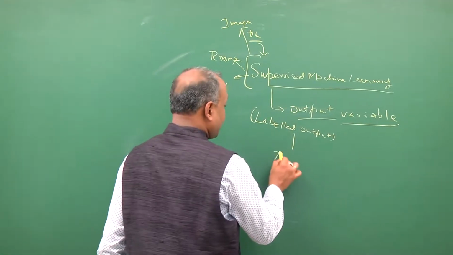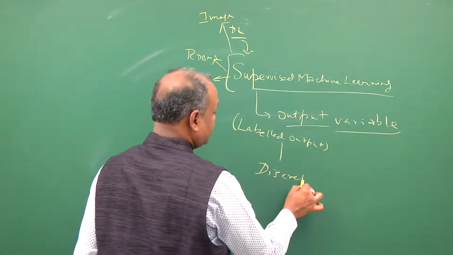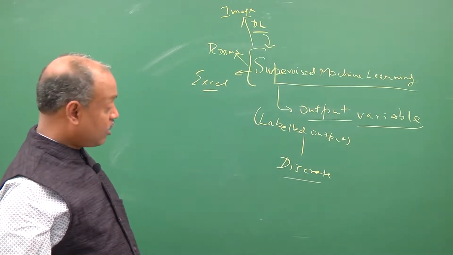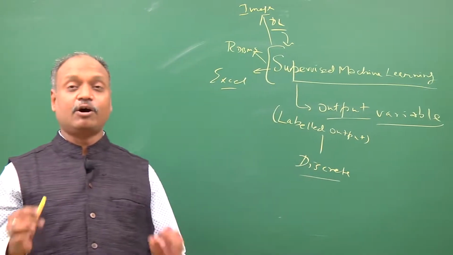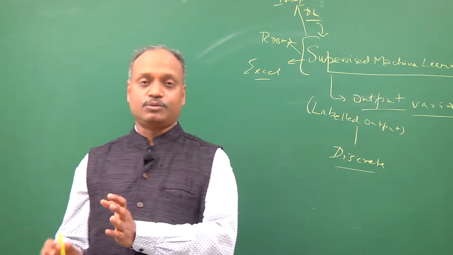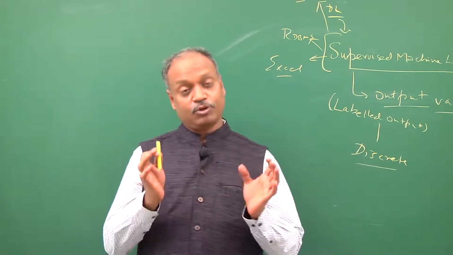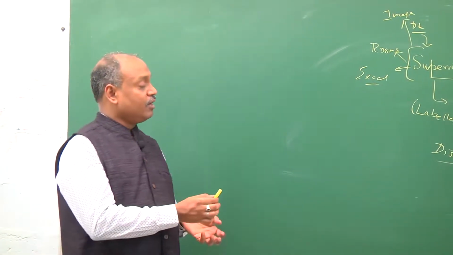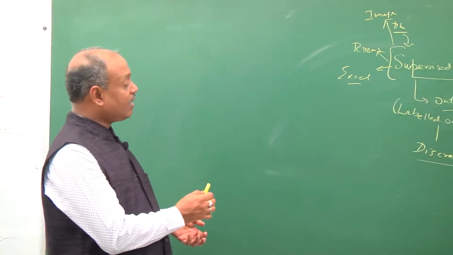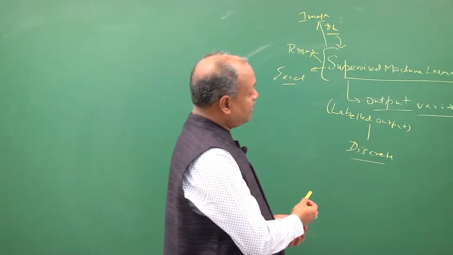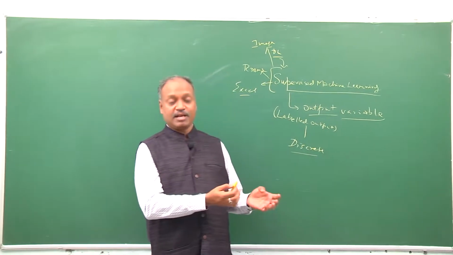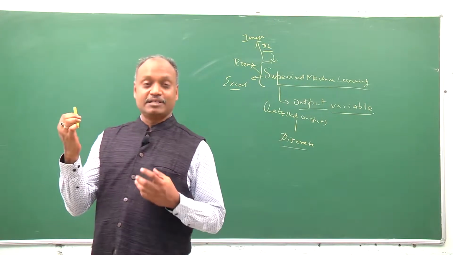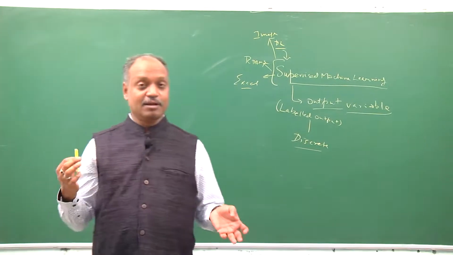The output variable can be a discrete variable, also called a categorical variable or a nominal variable, basically where the output can only take specific values. In case of spam, it can be two types, either spam or non-spam. Or if it is a cancer scenario, suppose there can be three cases: there is no tumor, there is a malignant tumor, or there is a benign tumor.